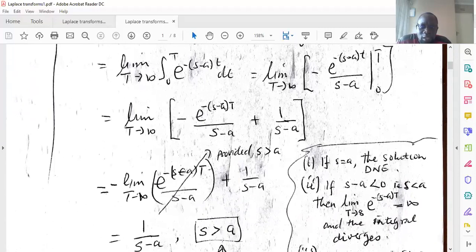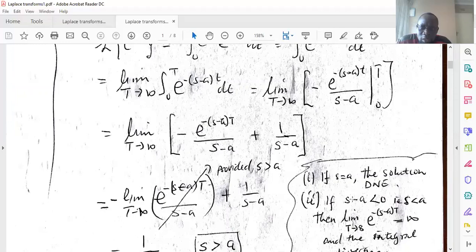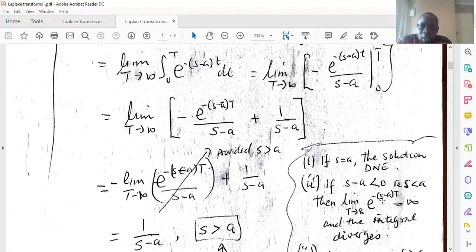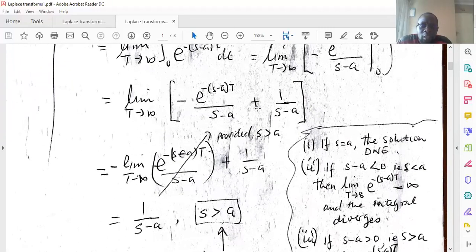And you can also see that once s minus a is negative here, then the exponent, a negative and a negative giving a positive number, will go to infinity. And once it goes to infinity, then we are in trouble, it diverges.